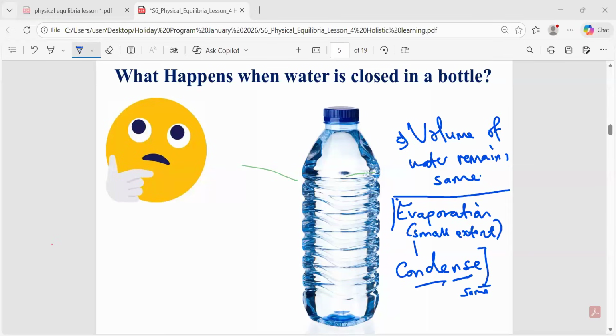So when evaporation is taking place, condensation is taking place too. Since they take place at the same time, we say that there is no change in the volume.